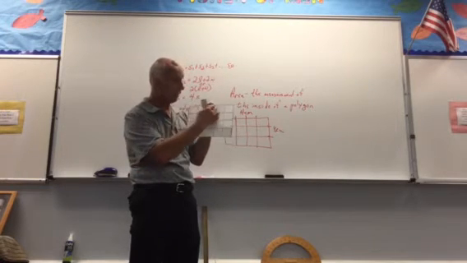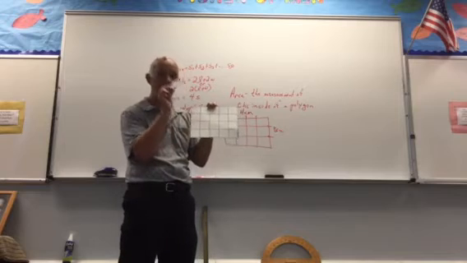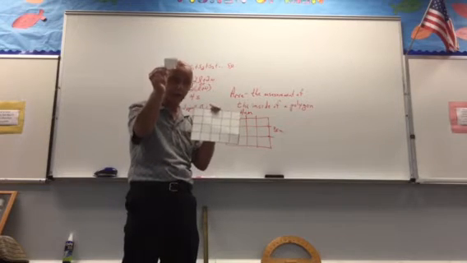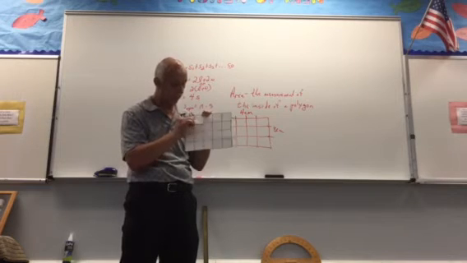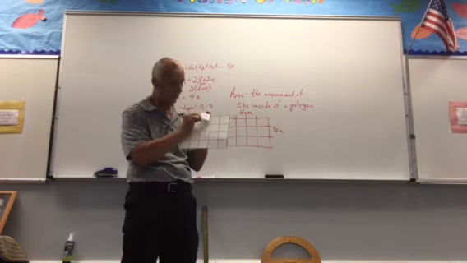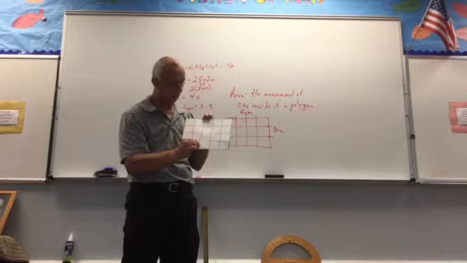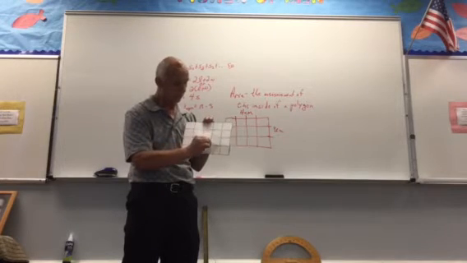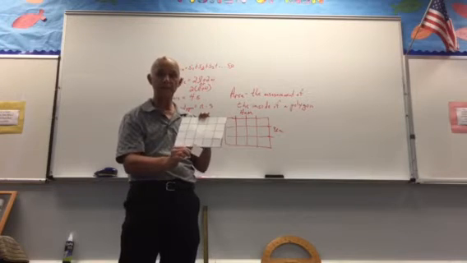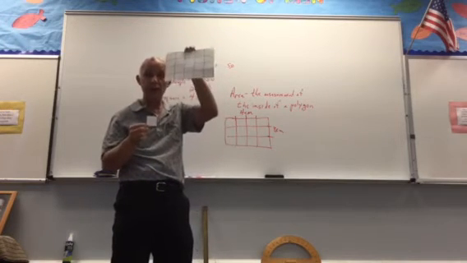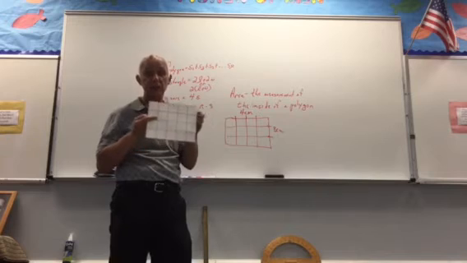So if I wanted to find the area of this rectangle, I'd have to see how many square inches are in there. 1, 2, 3, 4, 5, 6, 7, 8, 9, 10, 11, 12, 13, 14, 15, 16, 17, 18, 19, 20. There are 20 square inches in this rectangle.